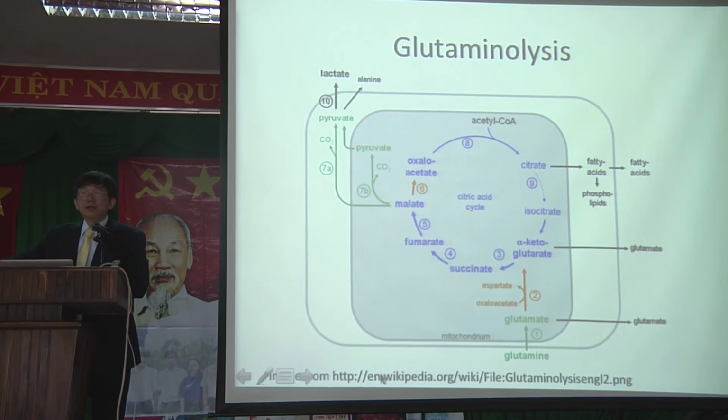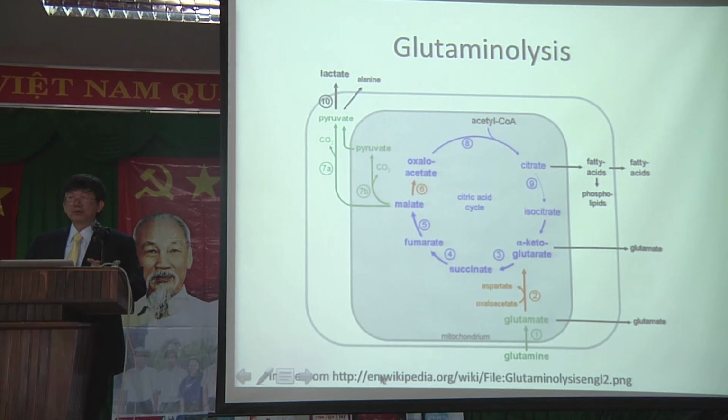Now, the culture media, because glutamine is not stable, when you do cell culture, you buy the culture media from the supplier. Some of the glutamine might have degraded already.